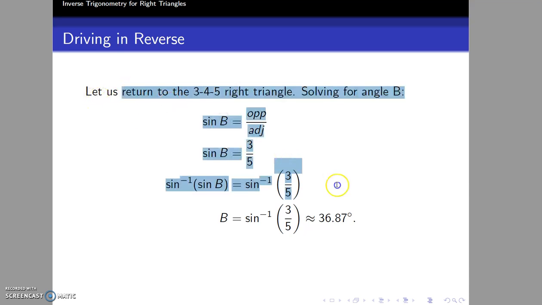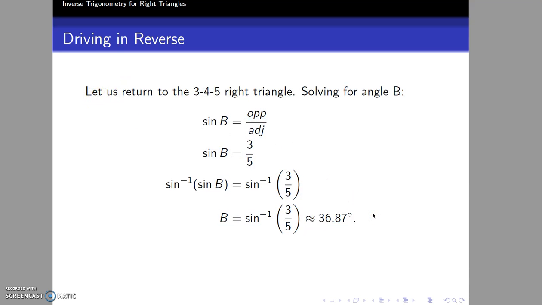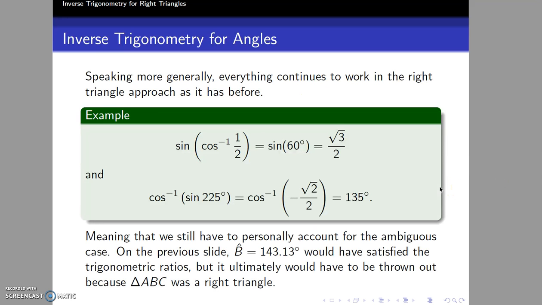So this right here is all of the new stuff for this section. Everything else works exactly like it did before on the unit circle. This is all of the new stuff right here, so let that soak in for a second. Because everything else does exactly what it did before.